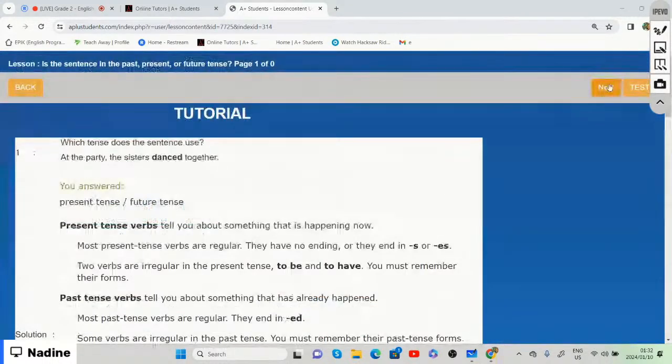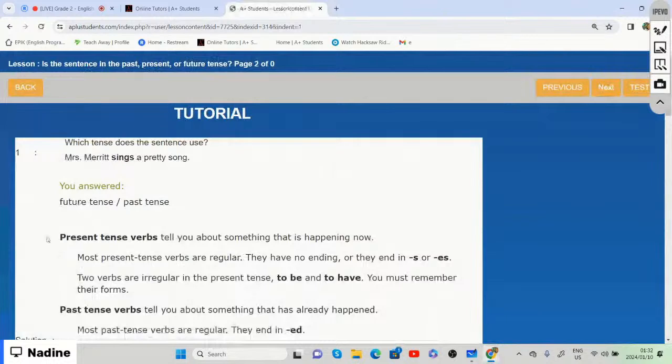All right, let's do a few more examples. Mrs. Merritt sings a pretty song. We need to say is that in the present tense, the past tense, or the future tense.